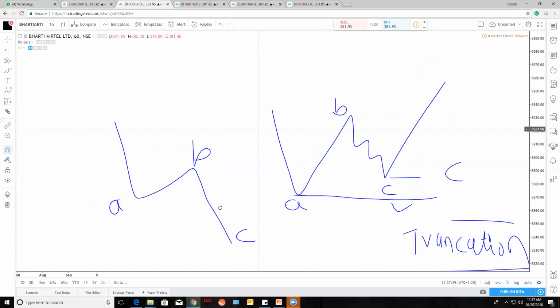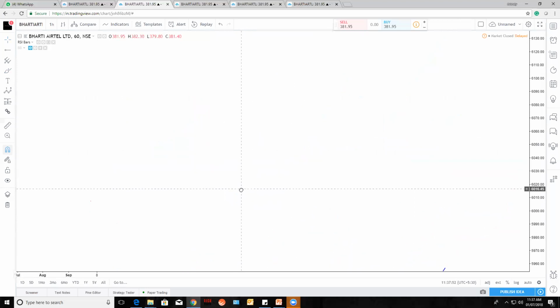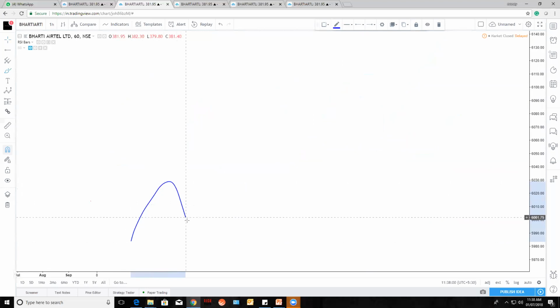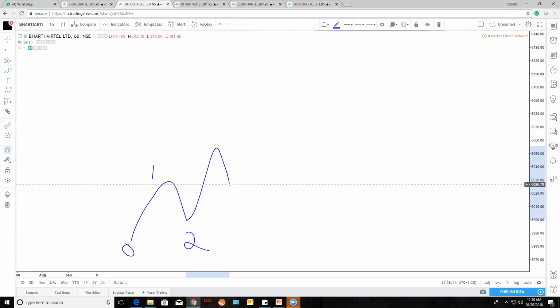And now extension. What is the extension? Extension means, for example, let's say this is wave 1, wave 2, 0, 1, 2. After that, it may come like this and touch the 1.